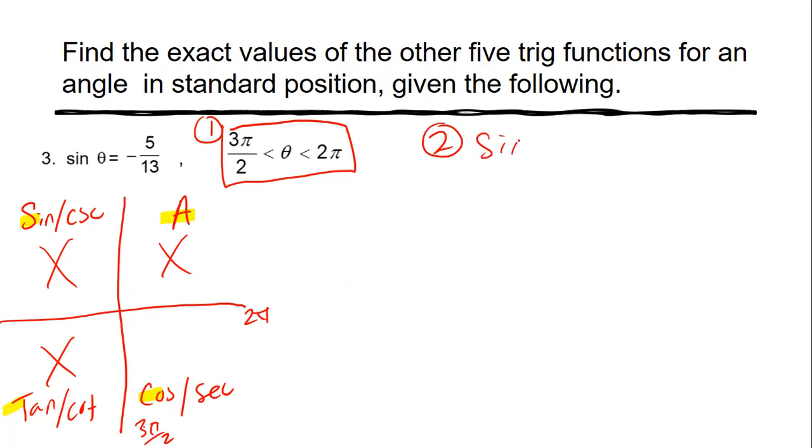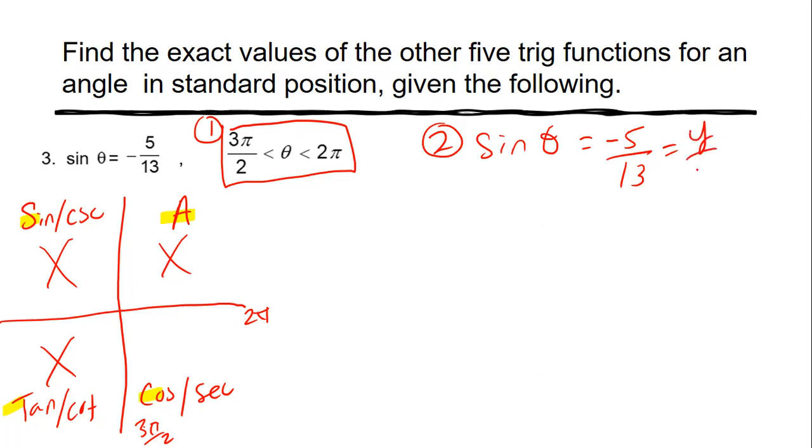Step 2 is using what we have. It told us that sine theta equals -5 over 13. What is the ratio for sine, in terms of y and x? It's y over r.